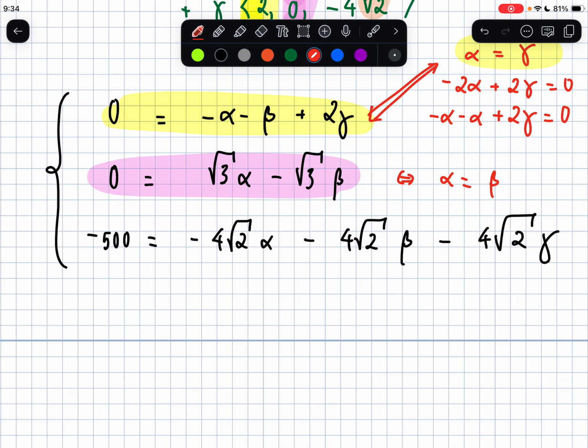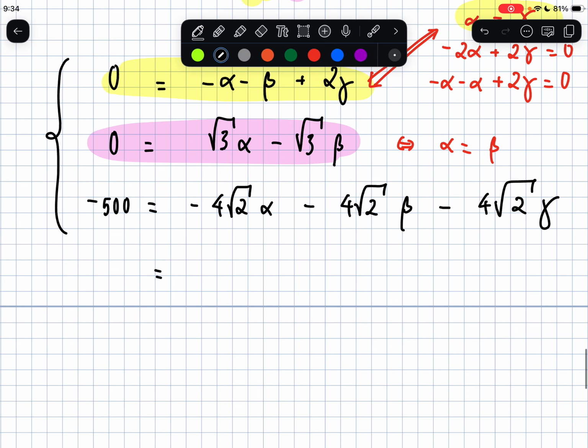Okay, the last one looks really bad on the right hand side. First of all, you have a minus in common, you can get rid of that. Second of all, you have 4 root 2, so I divide both sides by minus 4 root 2.